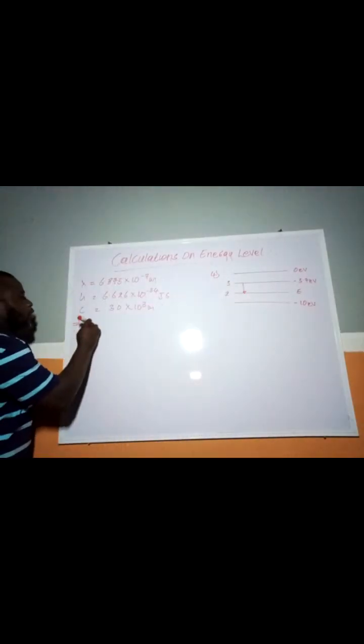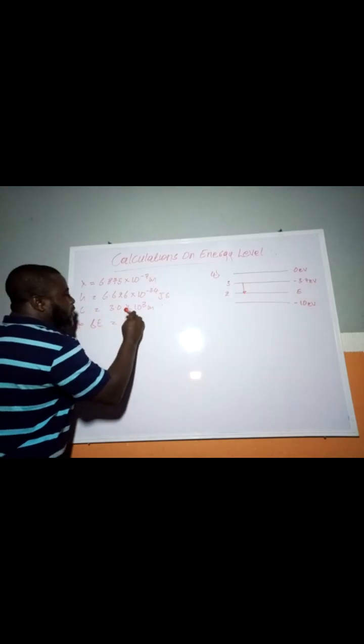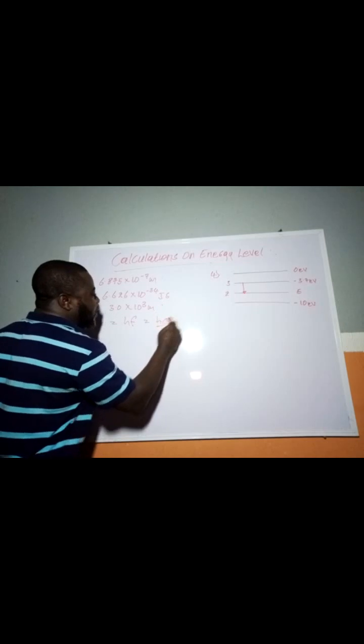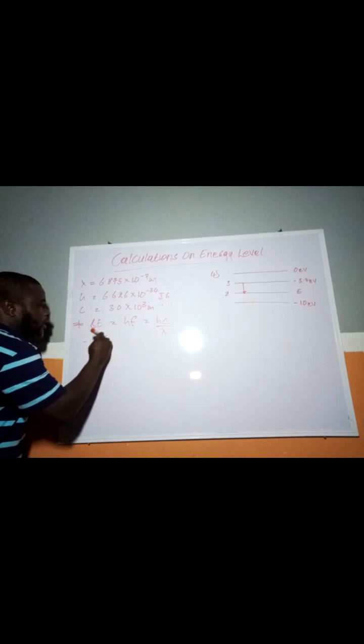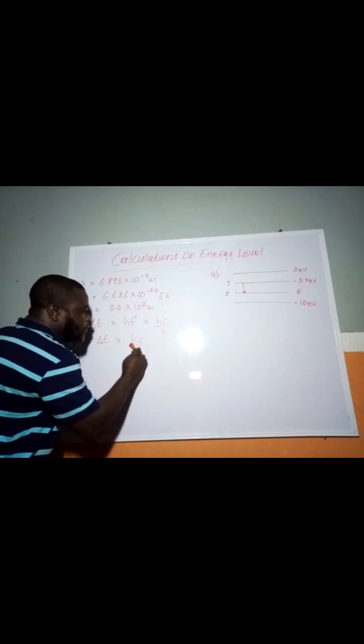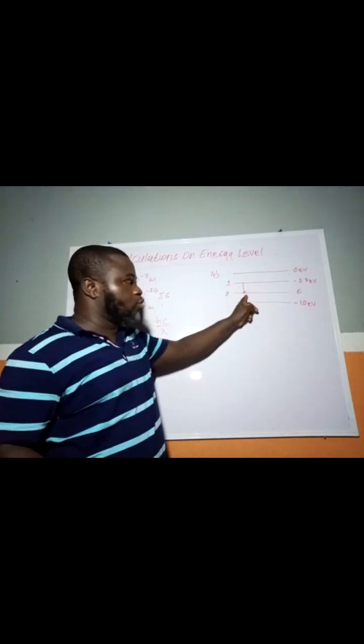So I can now imply that my change in energy level should be equal to hf, which is still the same thing as hc over lambda. Now, what am I going to do? We are talking about moving from 3 to 2.